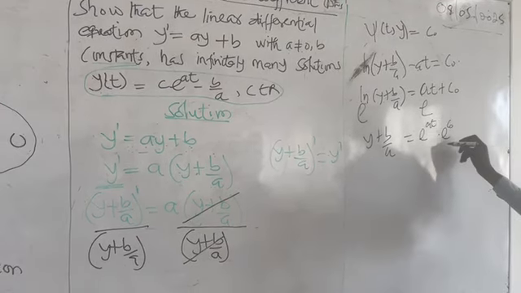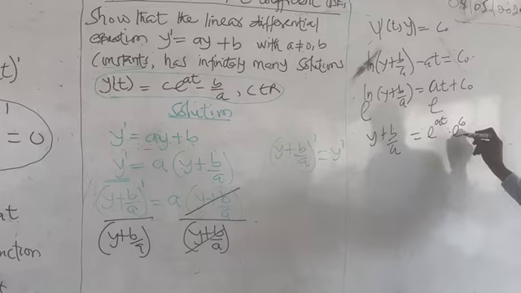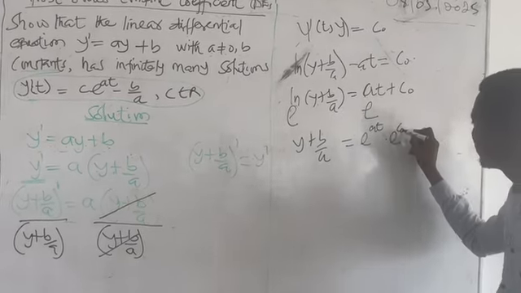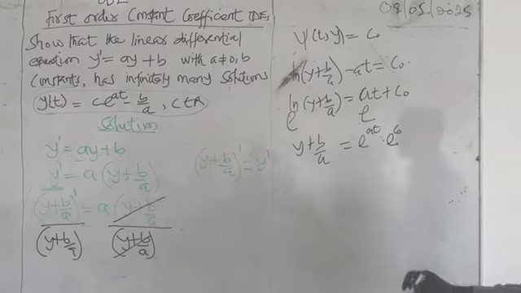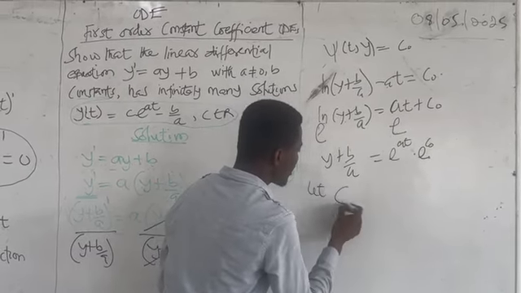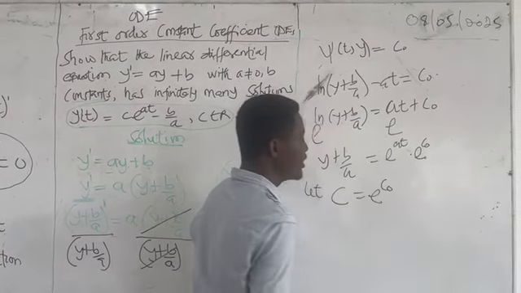From here, clearly we can see that e is a constant and c naught is a constant. So we can say let capital C be equal to e to the power c naught.